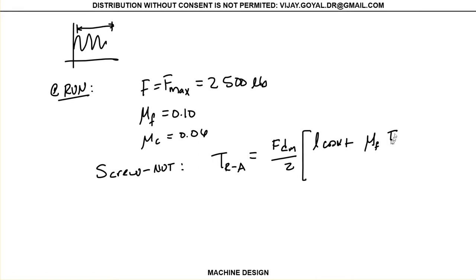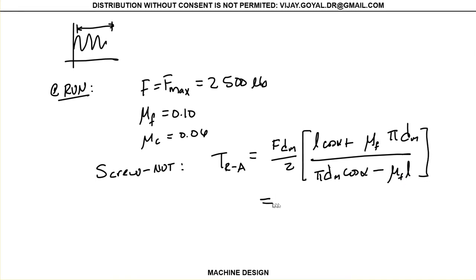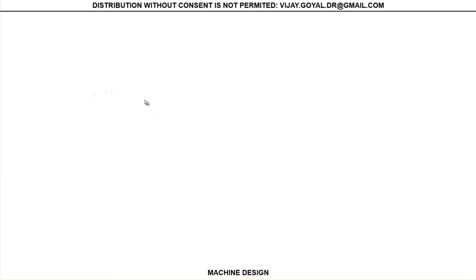This is not going to change. These are the geometric properties of the screw I chose. Okay, so if I replace all the values, I find this gives me 479.30 inch pounds.